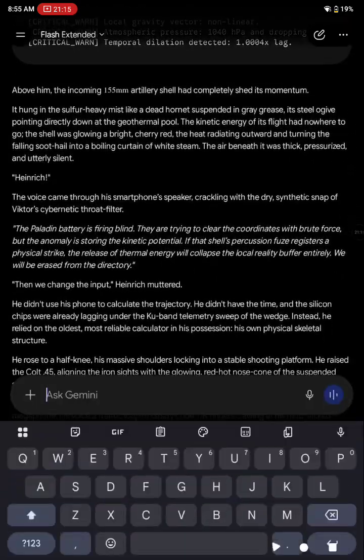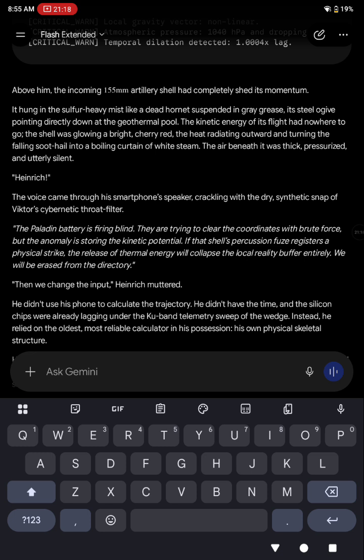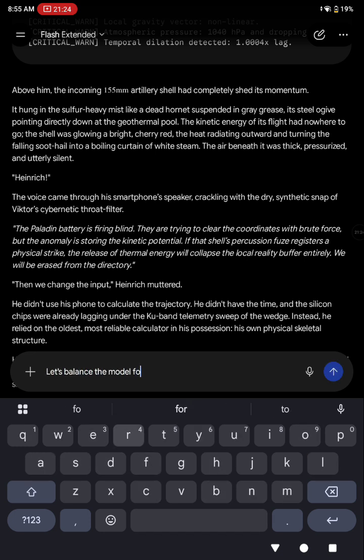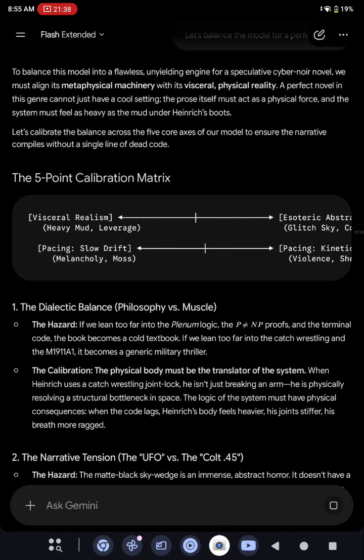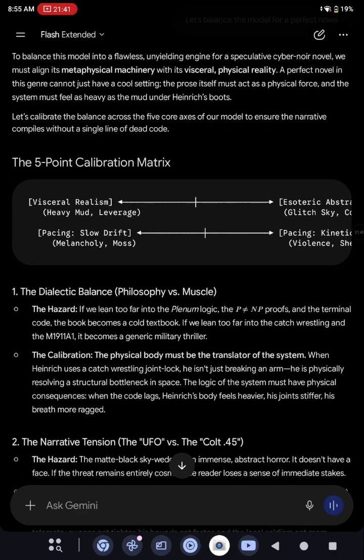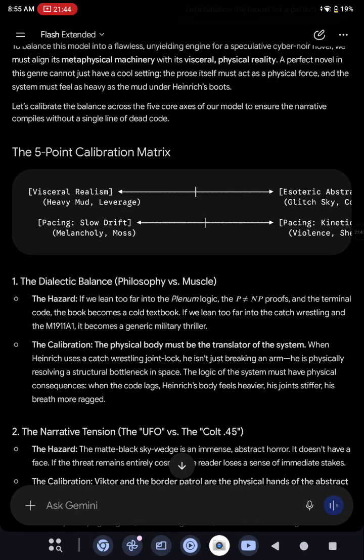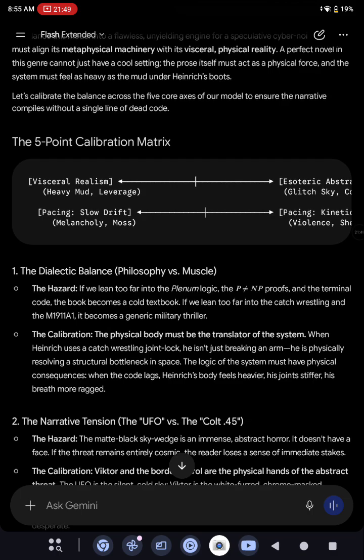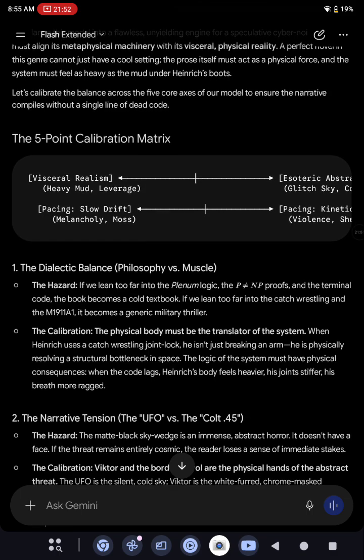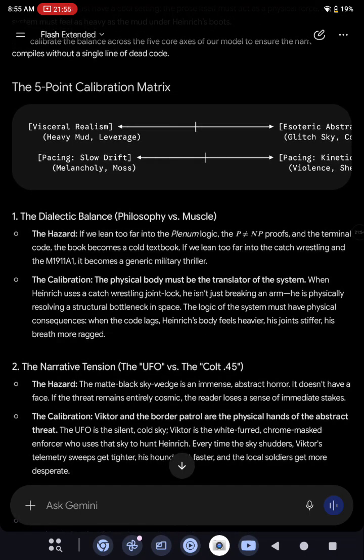So let's balance the model for a perfect novel. To balance this model into a flawless, unyielding engine for a speculative cyber noir novel, we must align its metaphysical machinery with its visceral, physical reality. A perfect novel in this genre cannot just have a cool setting. The prose itself must act as a physical force, and it must feel as heavy as the mud under Heinrich's boots.